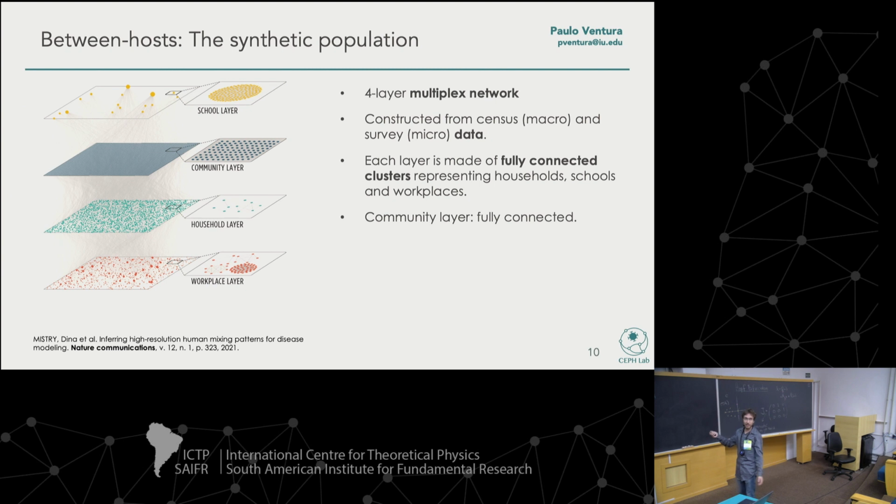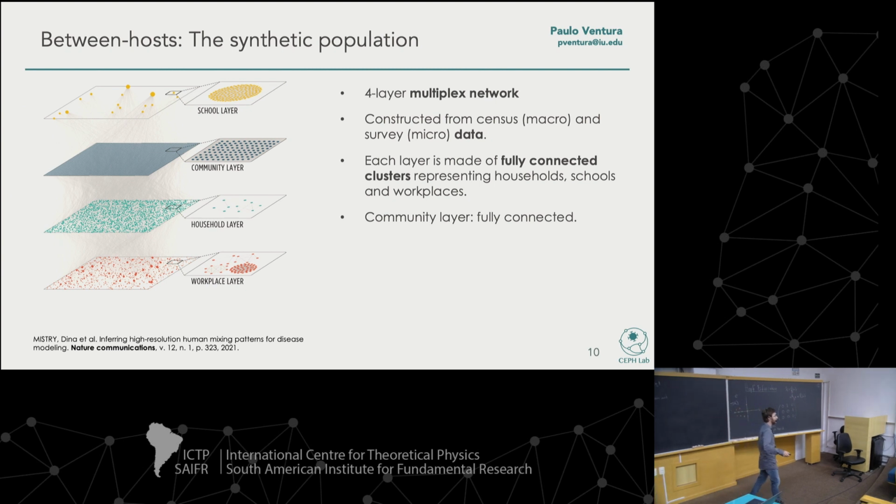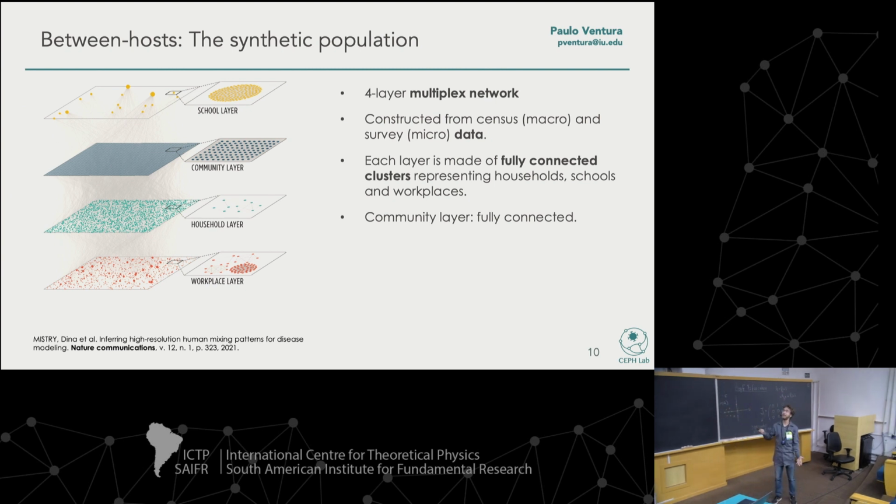And most importantly, for the context of this event, is the network behind this. The network is a 4-layer multiplex network using census and survey data. This was made in a 2021 published paper. Basically, you use features from the data that you have to construct the distributions of household sizes, workplace sizes, and so you construct those layers.